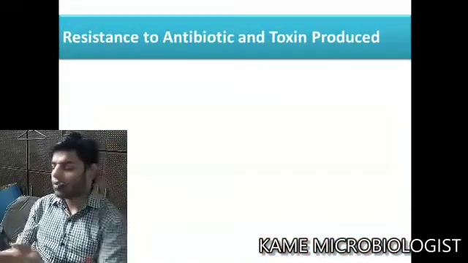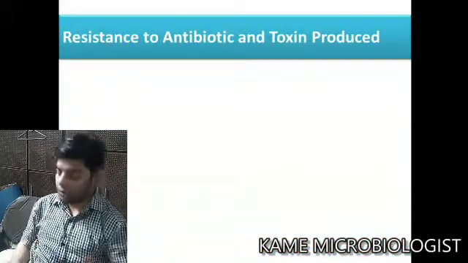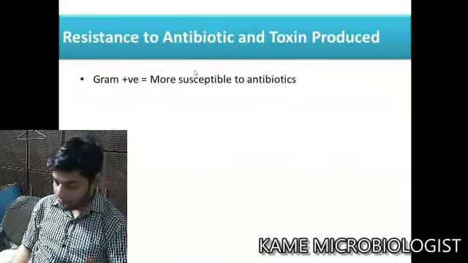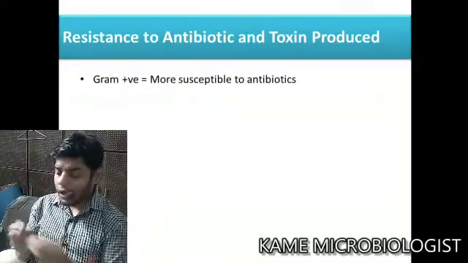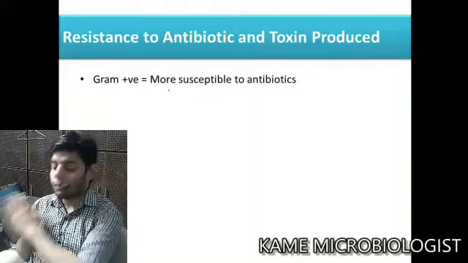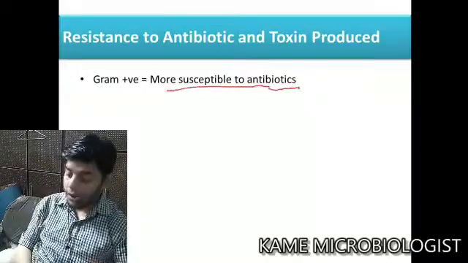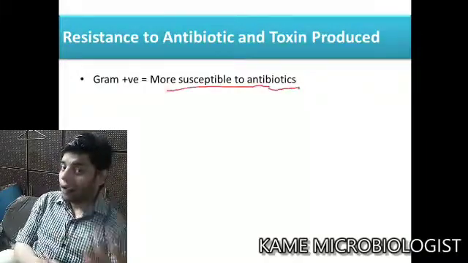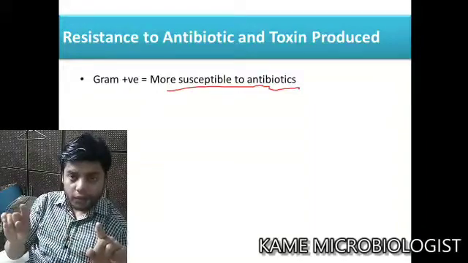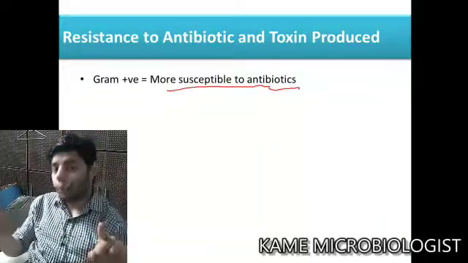Then we have resistance to antibiotics and toxin production. Remember guys, gram-positive bacteria are more susceptible to antibiotics. Now why? Because we talked about how in gram-positive bacteria there is no porin and no lipopolysaccharide.